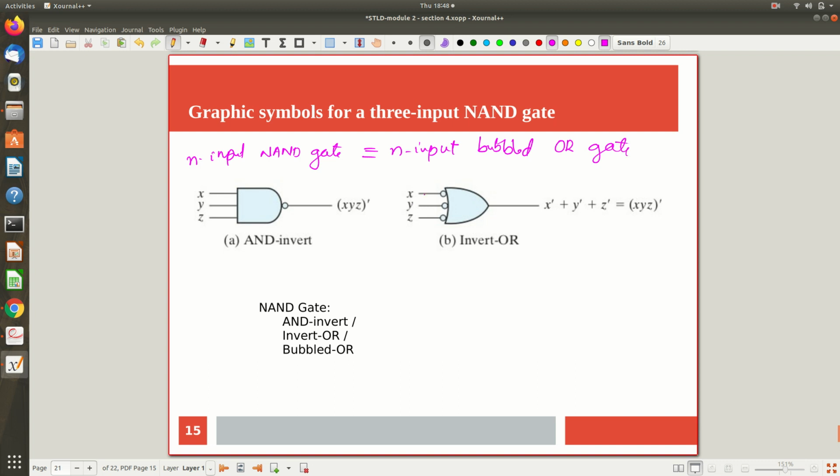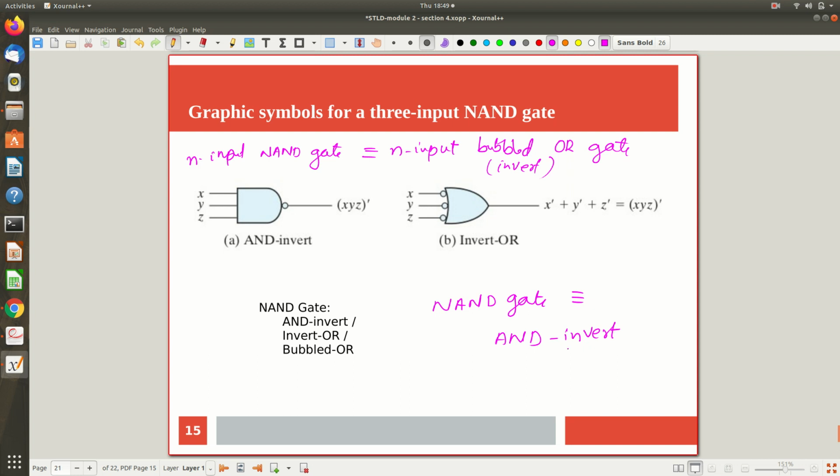I am calling it bubbled, according to me. A bubbled OR gate is nothing but an invert OR: some set of inversion is happening, then the OR operation is happening. So the bubble means the inversion, right? Invert OR gate. So you can see that this NAND gate, whether it is a 2 input NAND gate or n input NAND gate, is equivalent to an AND operation followed by an inversion, and after that bubbling, something like AND invert.